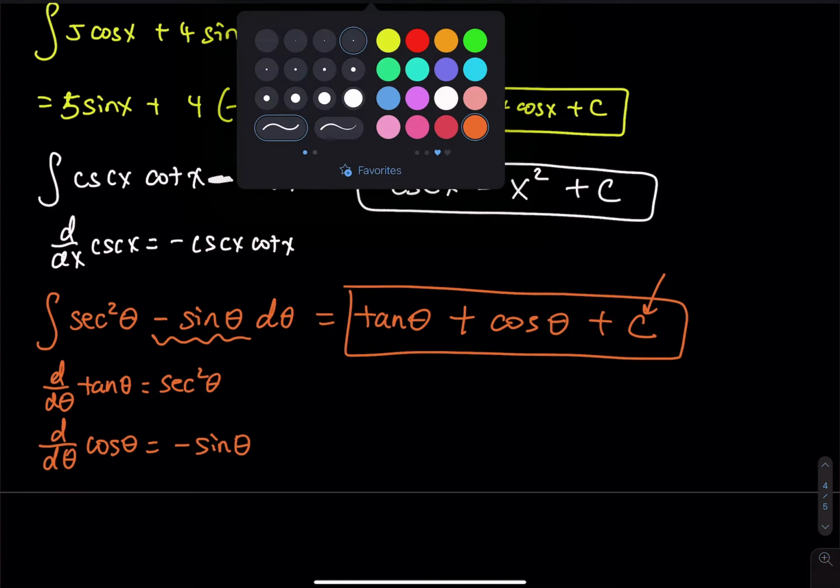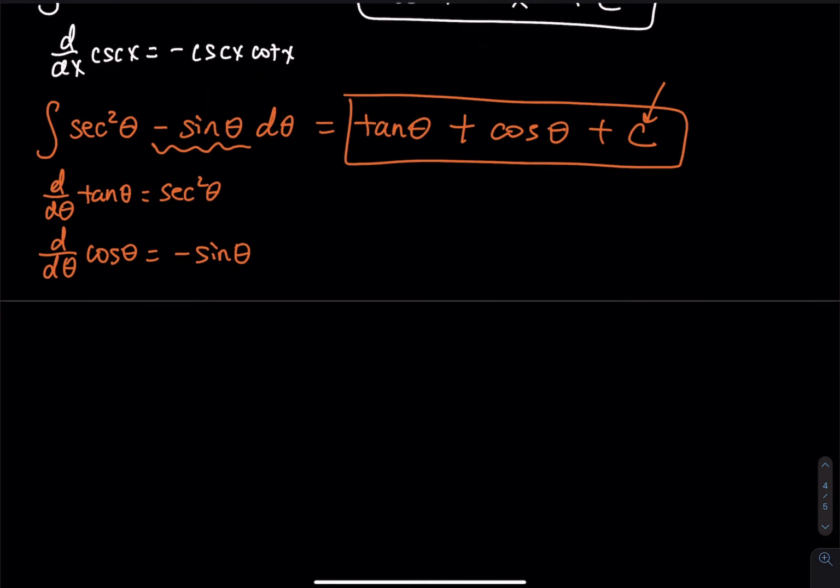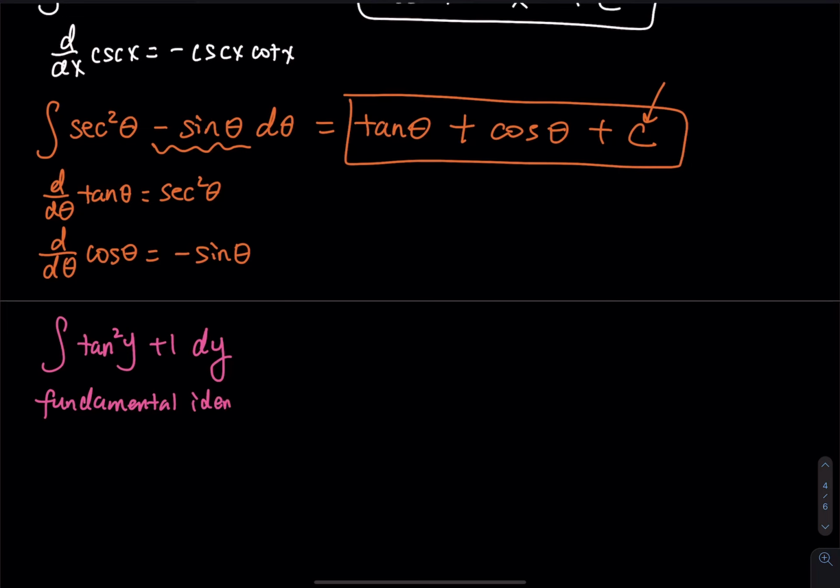Let's go to our very last problem. So we have the integral of tangent squared y plus 1 dy. This one we do not have the integral of tangent squared, so therefore we have to use the fundamental identity. Tangent squared plus 1 is equal to secant squared, right?